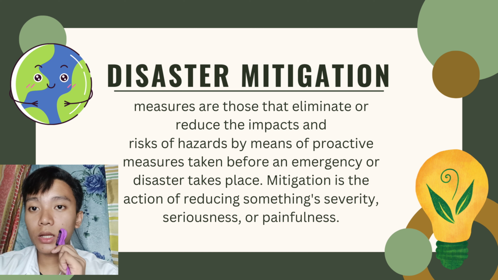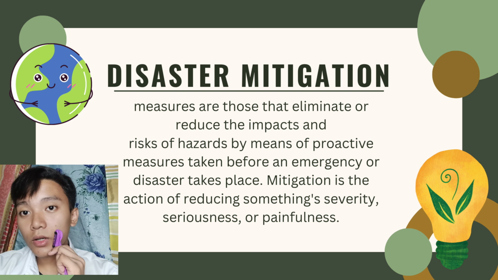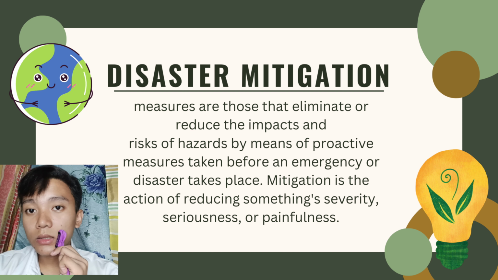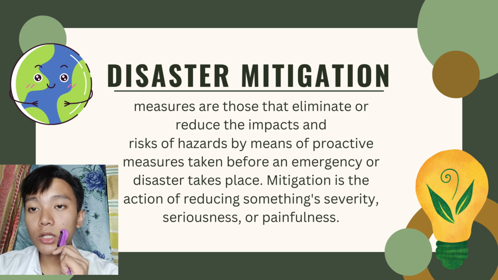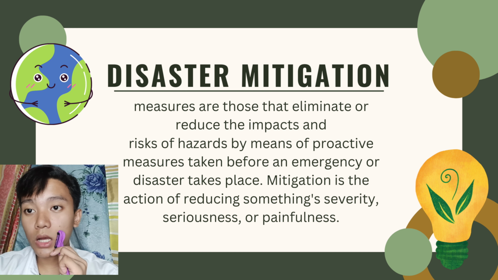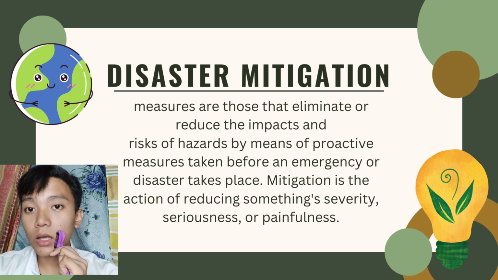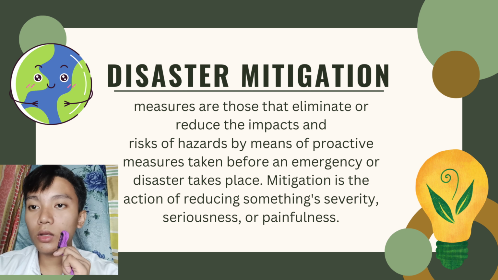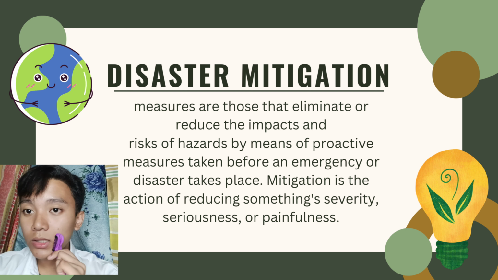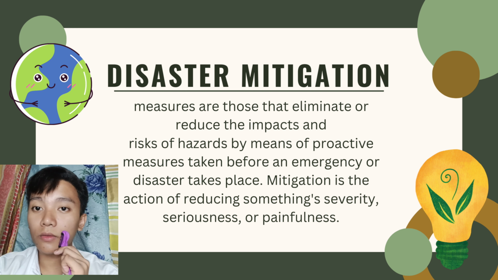In short, it is an endeavor to limit the effects of catastrophes in order to decrease loss of life and property. Catastrophe mitigation is crucial because it lowers the danger to lives and property and lowers the expenses of catastrophe recovery.